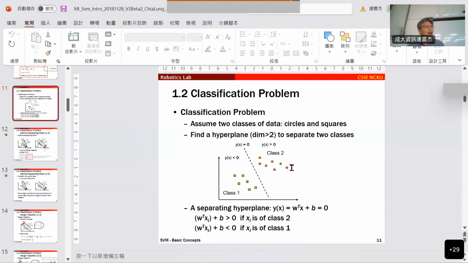You have two classes, and how can you find this discrimination line to separate class 1 and class 2, for example? 所以你怎么找这条线找出来？这条线就是 discrimination function 的东西，一条线嘛，discrimination function.